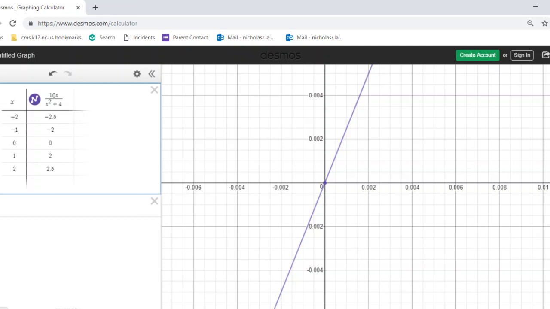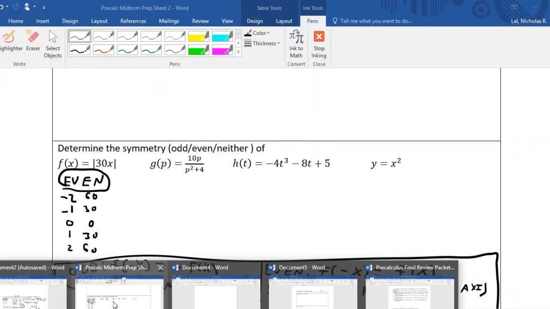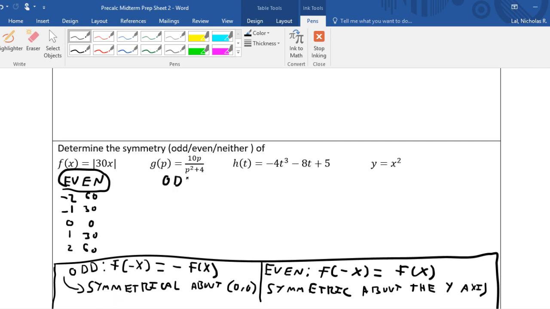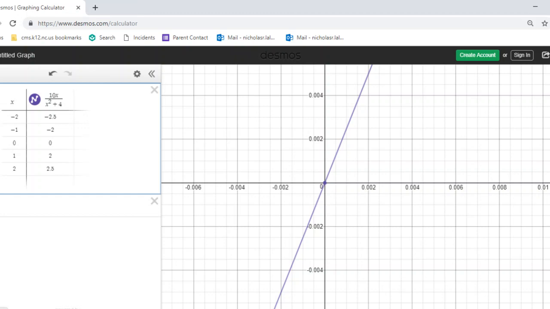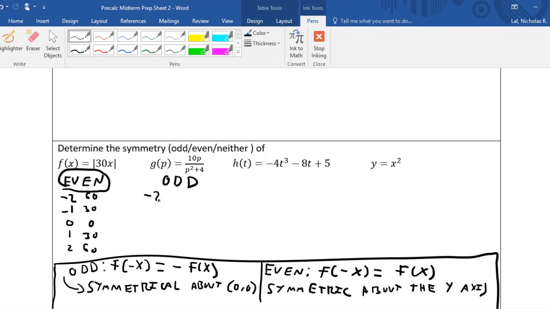That means this is symmetric about the origin. So this is an odd function, and the best demonstration is negative 2, negative 2.5, positive 2, positive 2.5, negative 1, negative 2, positive 1, positive 2.